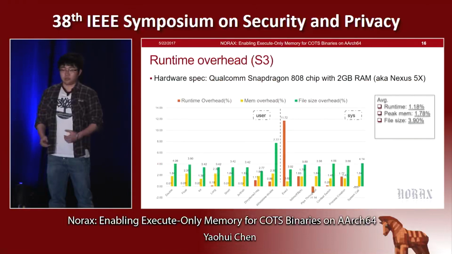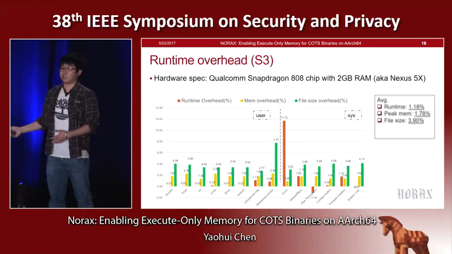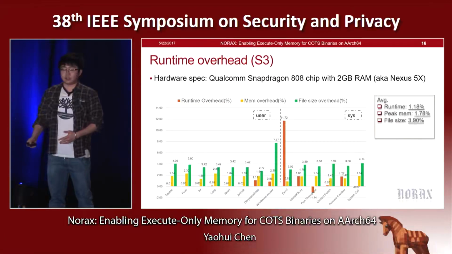Lastly, we run the Unix bench binaries. We converted them and then ran them on this Qualcomm Snapdragon 808 chip with 2 GB memory, also known as the Nexus 5X phone. And we compare it with the original binaries. In this process, we observe the average runtime overhead, peak memory overhead, and the file size overhead are all negligible.